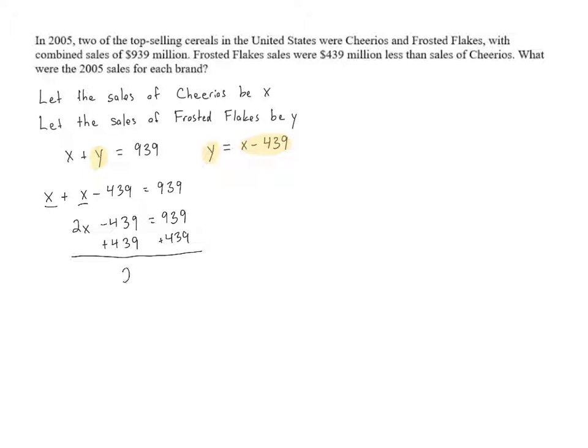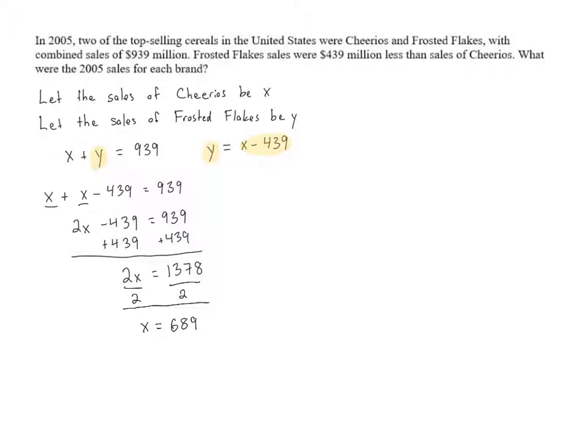This leaves us with 2x on the left-hand side, and 939 plus 439 ends up being 1378. To get x alone, we have to divide both sides by 2. And when we do that, we're left with x equals 689.